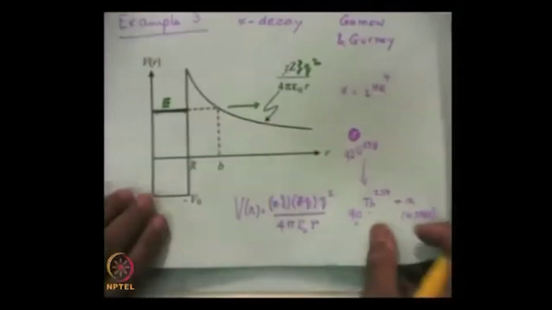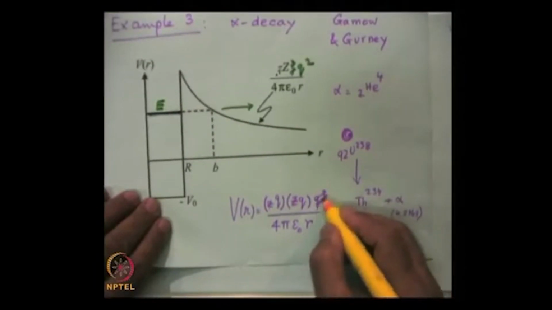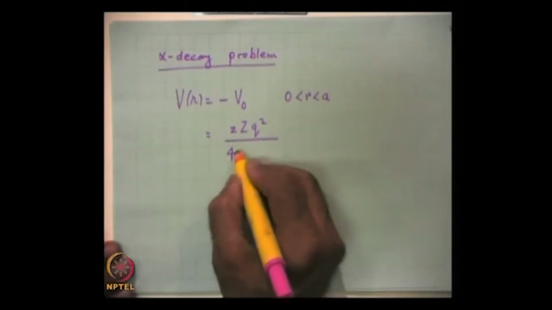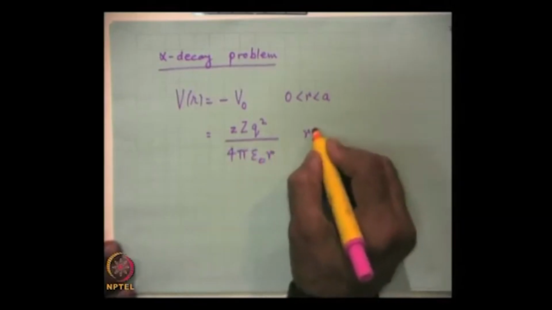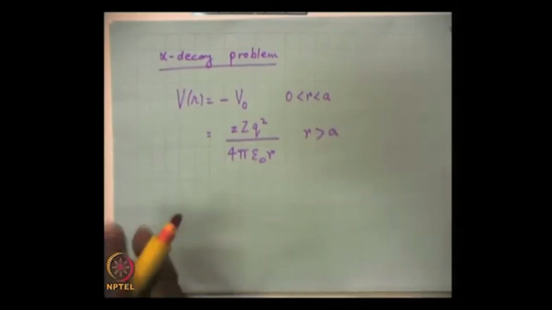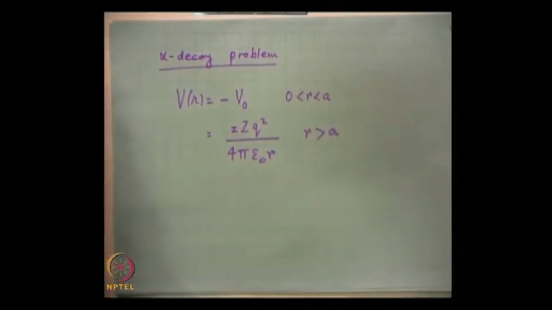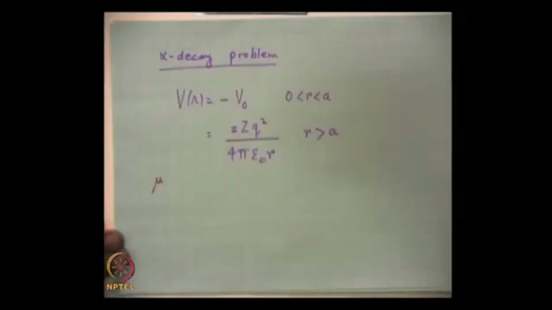I am sorry, here I wrote q square twice, so that should not be there. Now, this is the potential energy that is experienced by the alpha particle. Let the alpha particle mass I denote by mu.